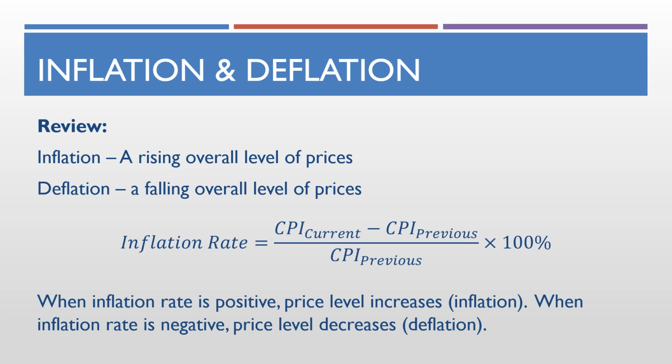It could be an annual inflation rate, or maybe a quarterly inflation rate, depending on how we define the periods. When the inflation rate is a positive number, that means the overall price level is increasing period by period. On the other hand, if the inflation rate is negative, then we are seeing the price level going down.